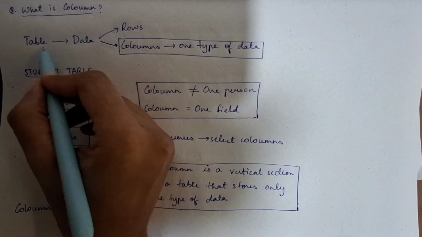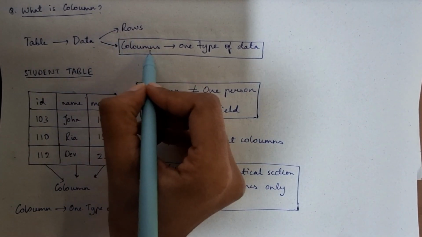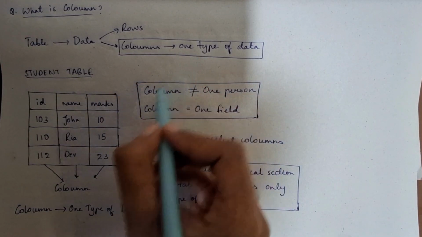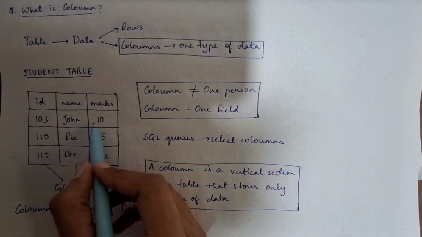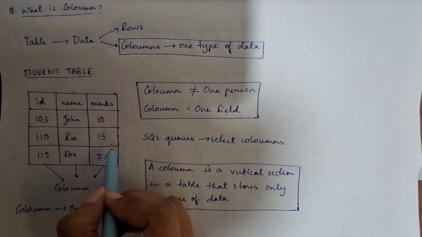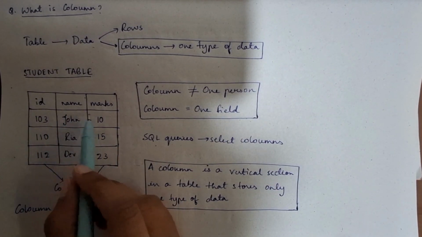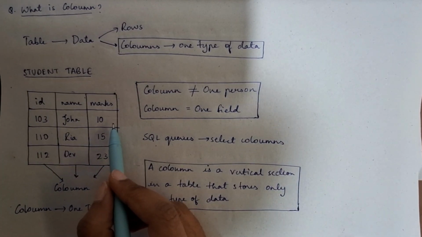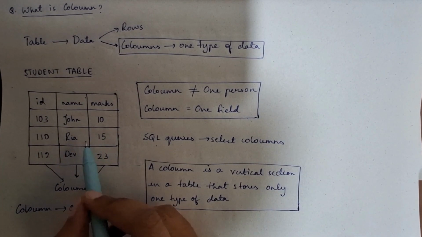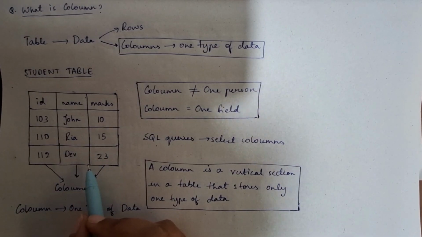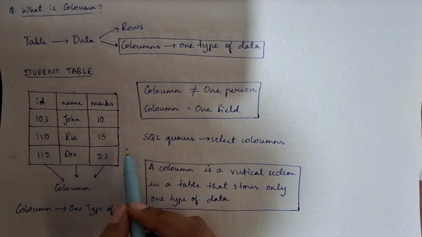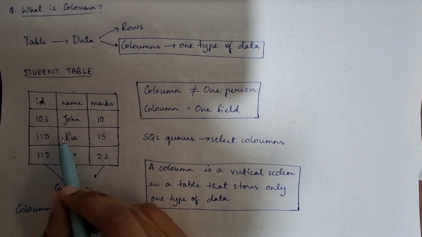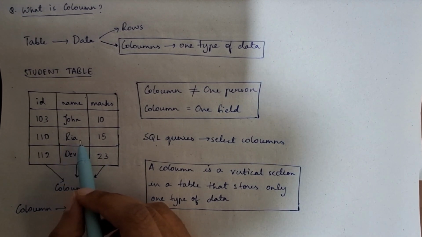Now let us understand what a column is. In a table, data is stored in rows and columns, and a column represents one type of data. This is a student table and we have 3 different columns. One column for student ID, one column for student name, one column for student marks, and all the values in one column are of the same type. For example, the marks column will store only marks, the ID column should store only IDs, the name column should store only names.